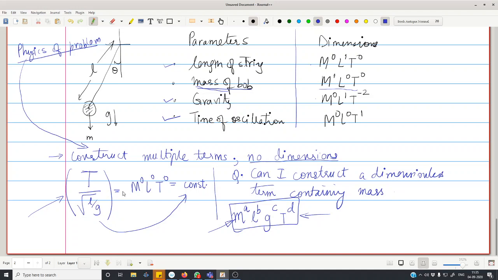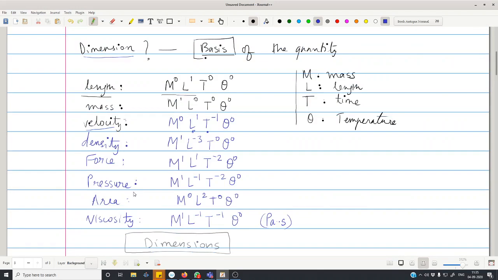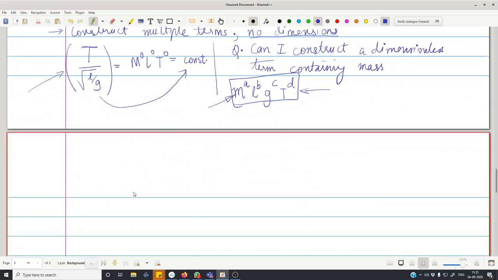Now let us formalize the whole thing. In order to formalize the whole thing, we must understand certain things. The first thing is basis.